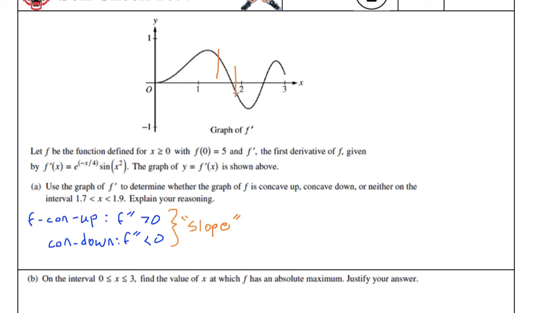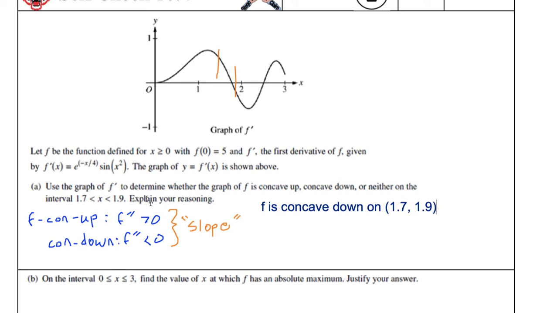So in that interval we only are looking at a clearly negative slope, and it's only concave down. Good point. So how are we going to write that? We're going to say f is concave down on that interval 1.7, 1.9.